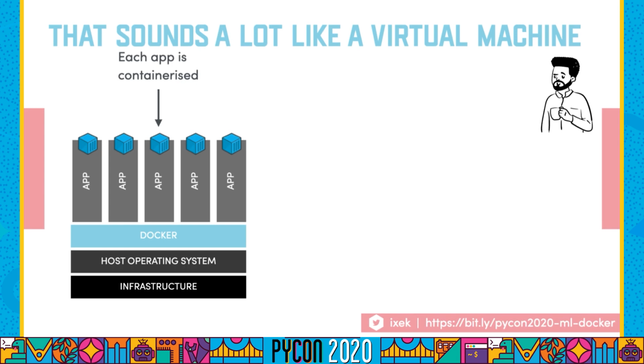In this scenario, each app is containerized, so Docker and containers work at the app level. Each app runs as an isolated process. The whole of the operating system and the infrastructure are abstracted away. So it doesn't matter if you developed on Ubuntu or Red Hat and somebody else is using Windows.